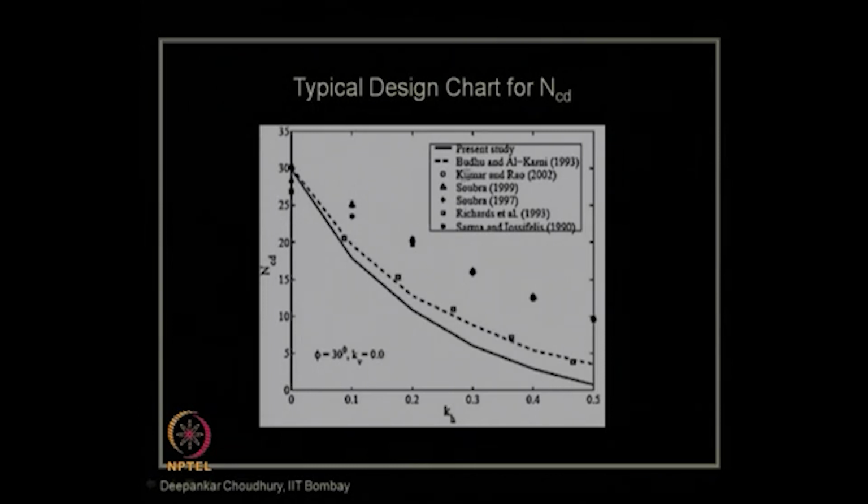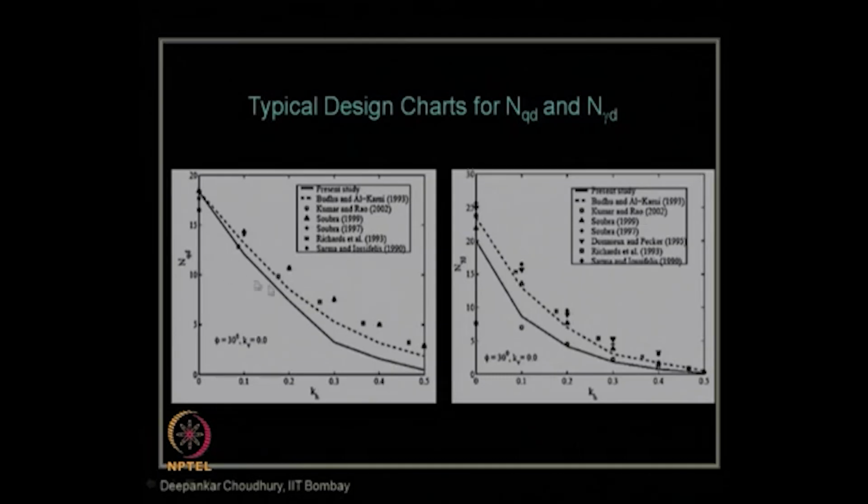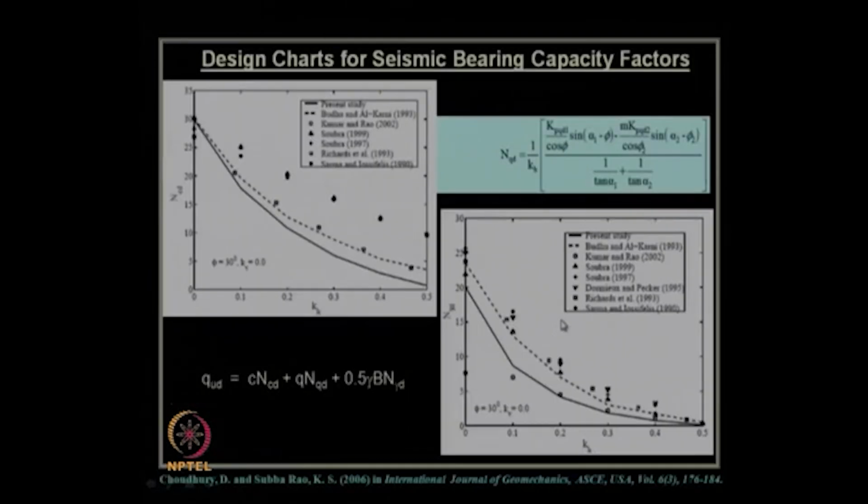As you can see, compared to other researchers' results shown here, the present study gives the minimum value of NCD, which automatically shows that our present study gives the critical design value that needs to be used in practice for design of this shallow strip footing. Similarly for NQD and N gamma d.